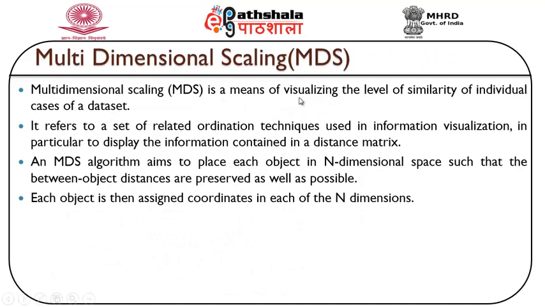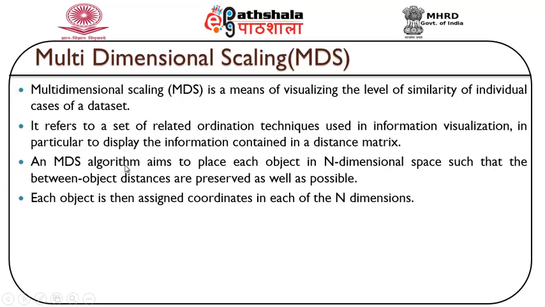The next kind of dimensionality reduction technique is the multidimensional scaling approach, which is also called MDS. MDS is a means of visualizing the level of similarity of the individual cases of a dataset. It refers to a set of related ordination techniques used in information visualization, in particular to display the information contained in a distance matrix.